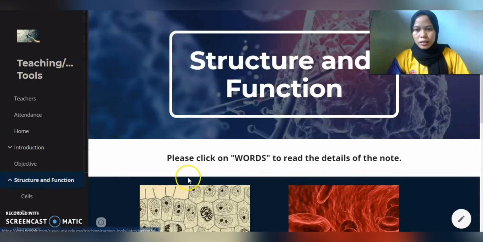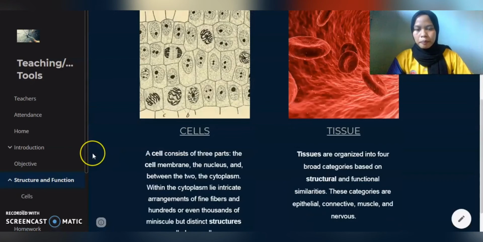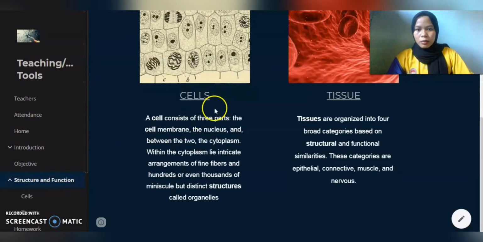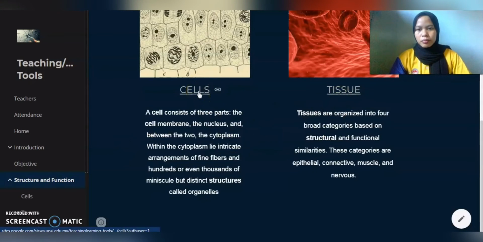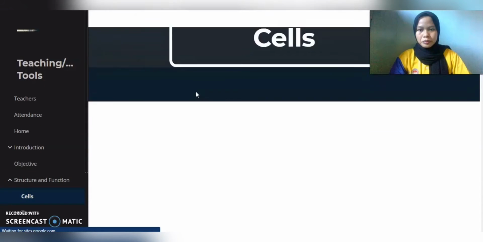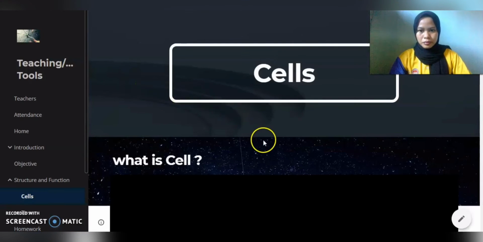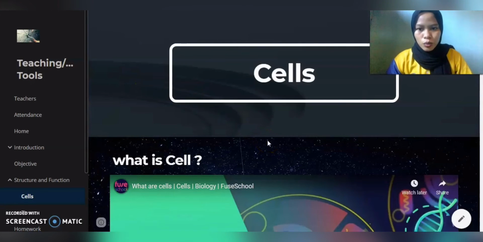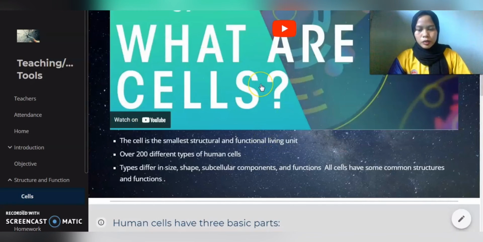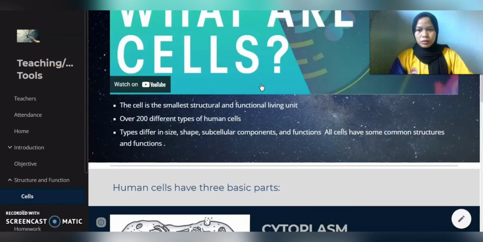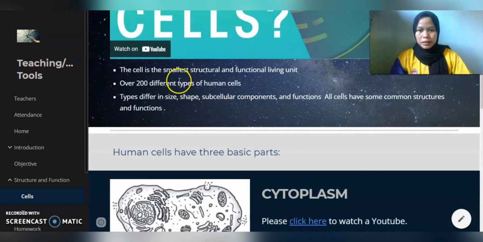So next is structure and function, which is about cells and tissues. We may go to cells first about the structure. So what is a cell? The video is here. You can look at the video and the explanation.